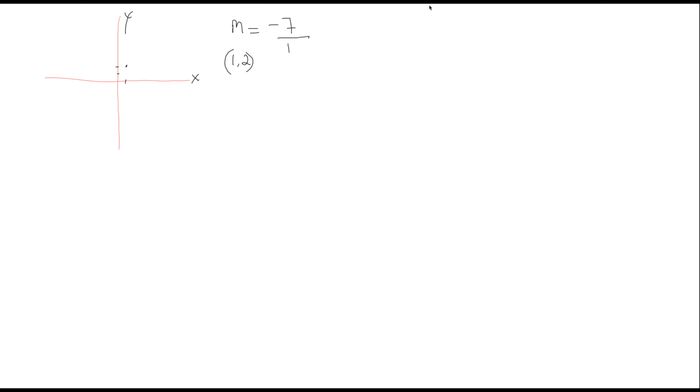And my slope is -7/1, which means I'm going to move up or down? Am I going to move up or am I going to move down?